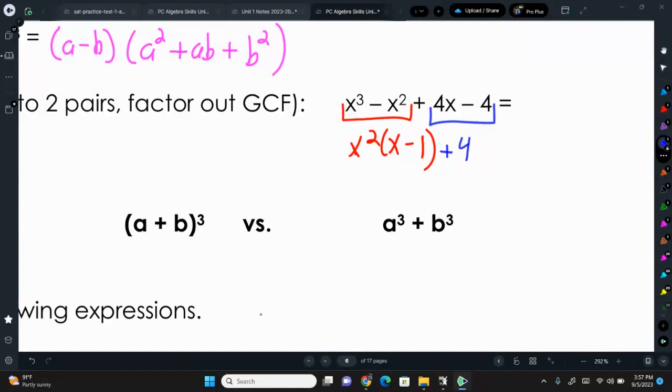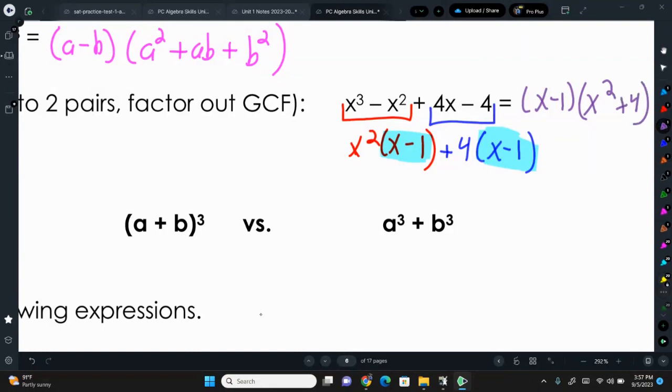We can. It's positive 4, and we're left with x minus 1. If these two match, then we can do factor by grouping. We're going to factor out the x minus 1, and then we are left with x squared plus 4. You may be tempted to factor this and say, oh, it's sum of or difference of two squares. No, there's a plus sign there. So this is as factored as you can get.